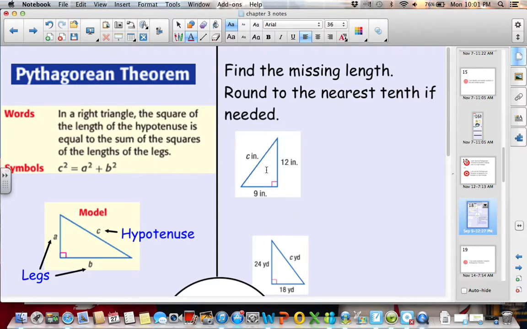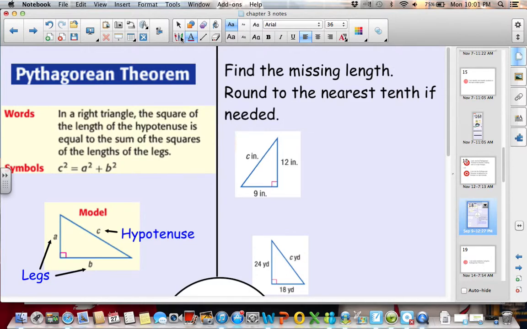If we have a triangle with legs 9 and 12 inches and our hypotenuse is c, we want to find c. As long as we know what the legs are, it doesn't matter which one we label a and b. They can be interchangeable. We just have to know the difference between the legs and the hypotenuse.